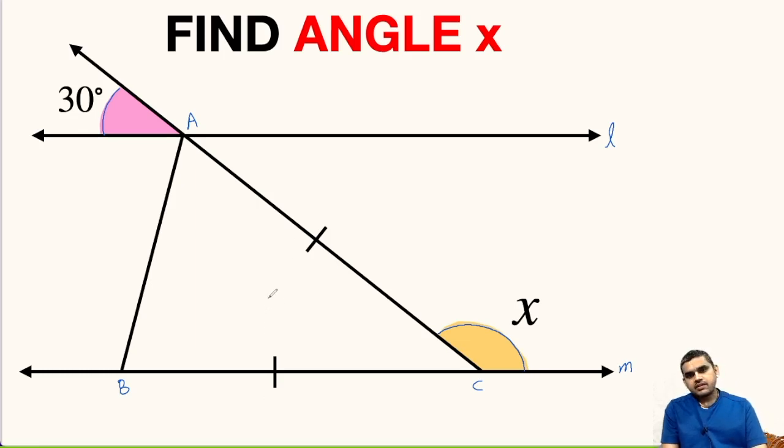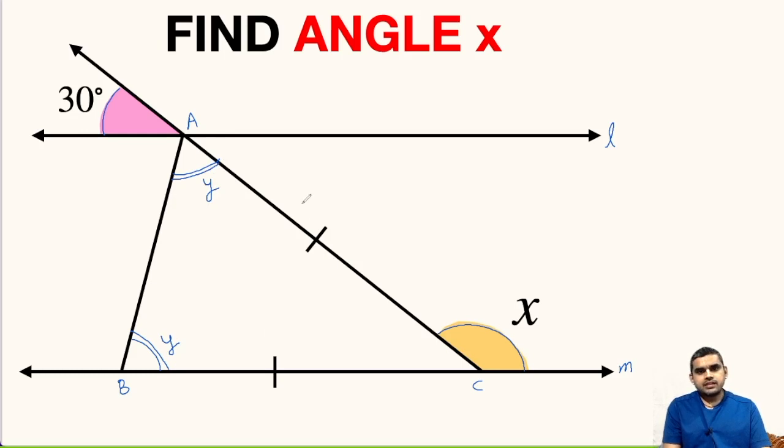Let us begin solving this question. Since we know that AC and BC are equal in length, this angle will be equal to this angle. Let us name it as Y, then this will also be angle Y. We don't know the measure.